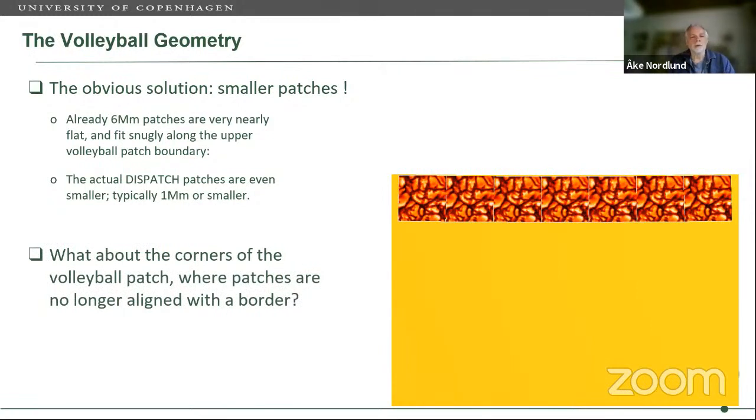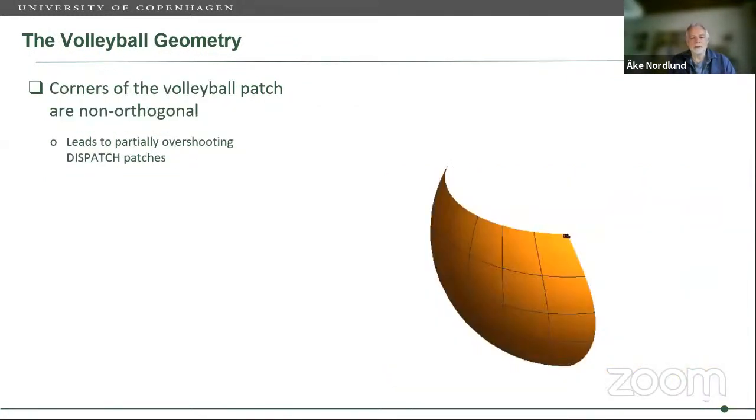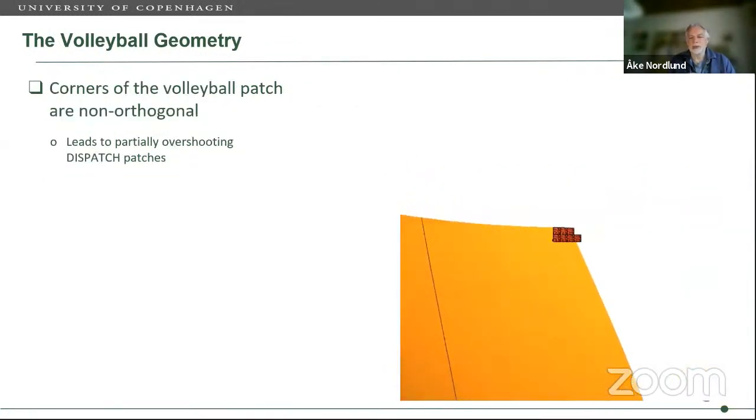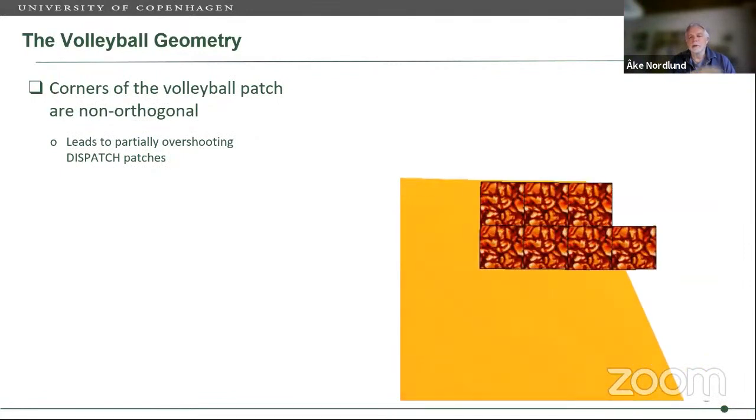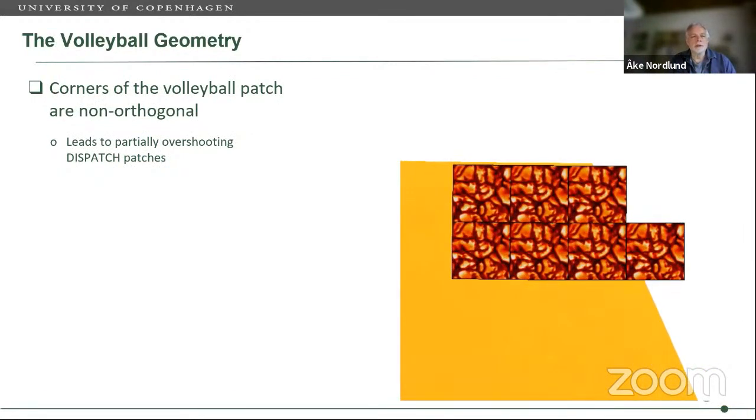So what about the corners then, where things really overlap badly, like here? Well, in a normal solver, that would be really difficult to cope with. But if you think about this patch time evolution, those patches don't really overlap because they don't overlap in time. So you can actually update one and then use that information in another one that overlaps, and they overlap in space but not in time.